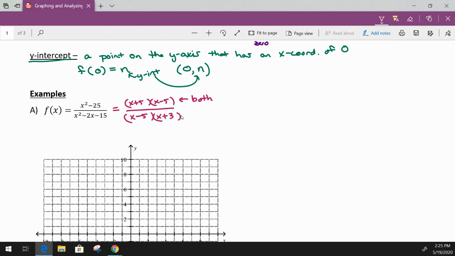So x equals negative 5 and x equals positive 5 make the numerator equal to 0. Now let's look at your denominator. In the denominator, x equals 5 and x equals -3 would make the denominator equal to 0.